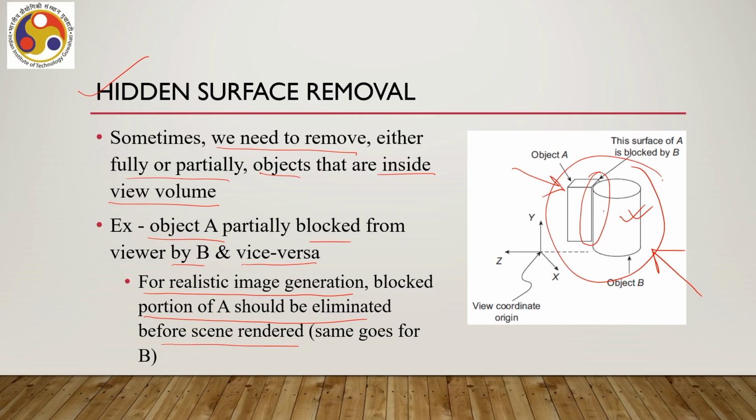In order to do that, we need to remove these surface points from further processing in the pipeline stages. That type of removal of surfaces or surface points, which ideally should not be rendered with respect to viewing positions, is known as hidden surface removal.